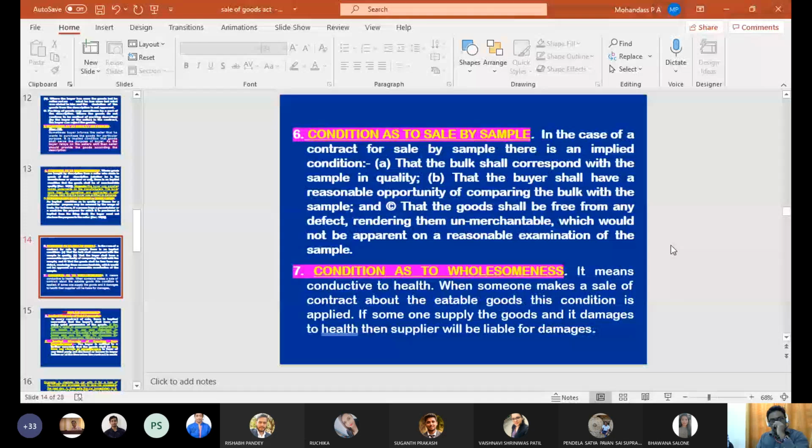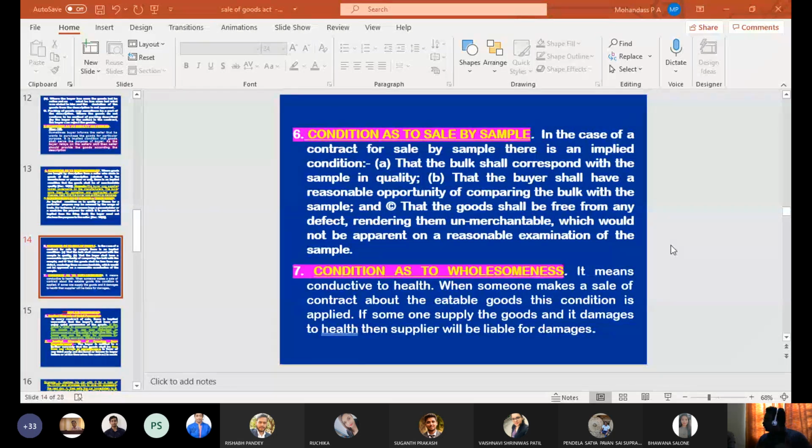Now the sixth example of implied condition is condition as to sale by sample. For example, you go to a mall. There are different perfumes displayed there, and they will give you a sample.